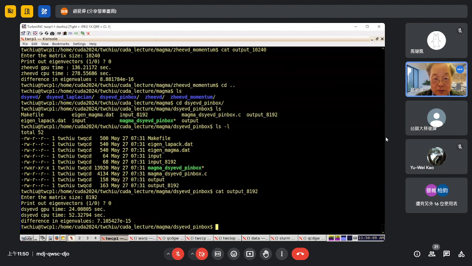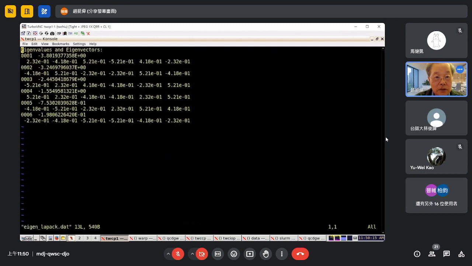And the eigenproblem here, let me see the data. This is the eigenvalue and the eigenfunction for this 6x6 matrix.